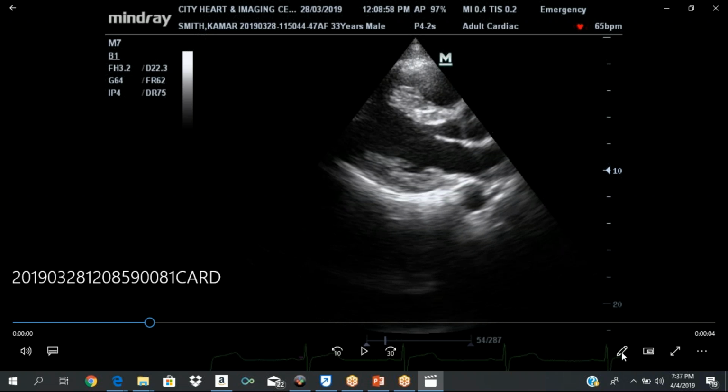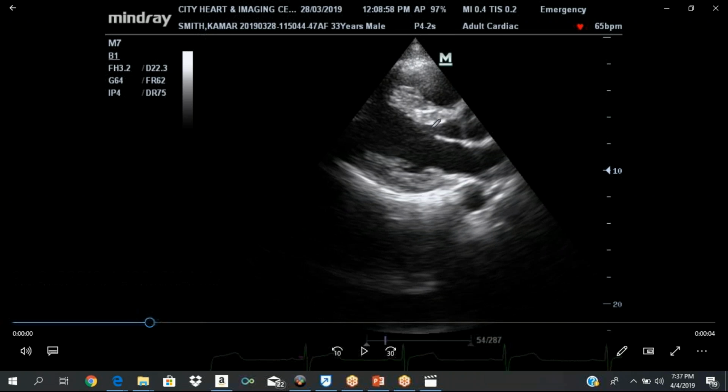So if we draw a line which is perpendicular to the plane of the LV, it's going to look something like this at the tip of the mitral leaflet, because the plane of the LV is going to come like that. Then you measure your septum from there to there, and then you measure your posterior wall from there to there. You measure your aortic root also in diastole.